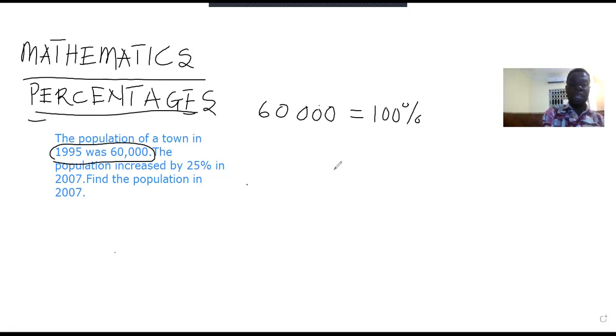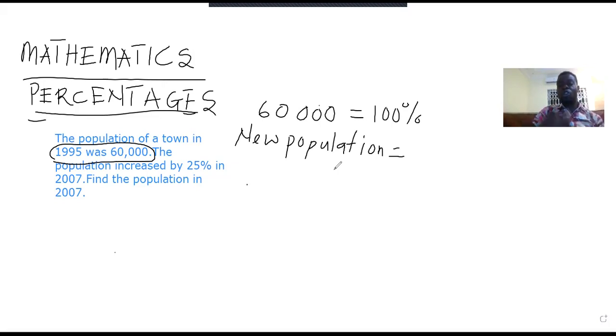So the new population should be equal to 100% plus the percentage increase, so it should be equal to 125%.